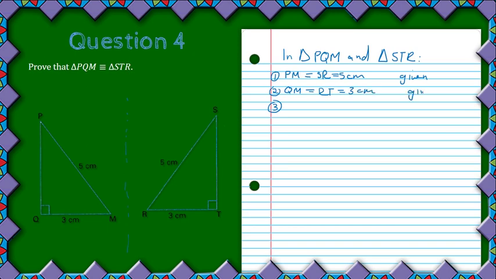That's given. And then we have that angle Q is equal to angle T, which is 90 degrees, and that is also given. So therefore, triangle PQM is congruent to triangle STR. My reason, since it's a right angle triangle, is we've got the right angles equal, the hypotenuse side, and then another side.